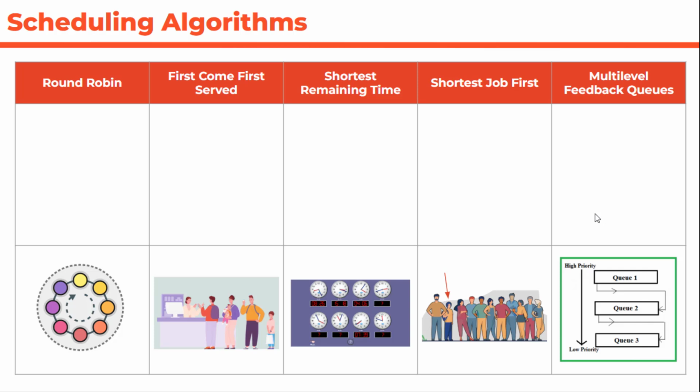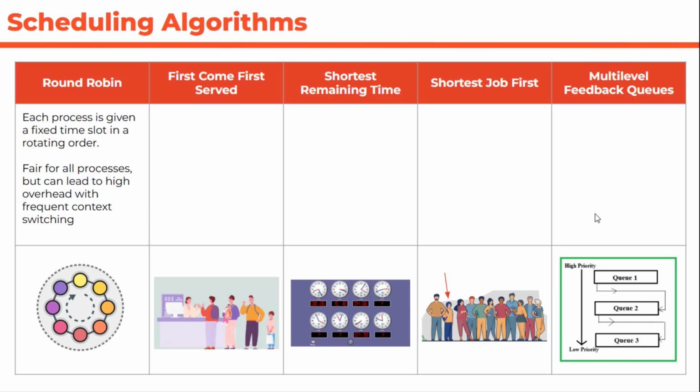So let's start off with round robin. A round robin is when each process is given a fixed time slot in a rotating order. It's fair for all processes, but can lead to high overhead with frequent context switching. So you may get a small amount of processing done, but then you have to move on.